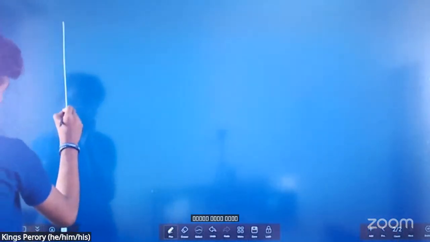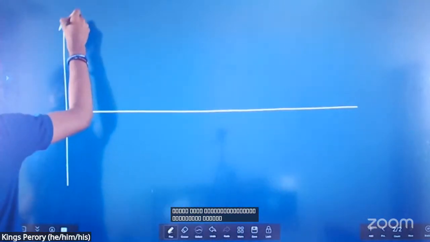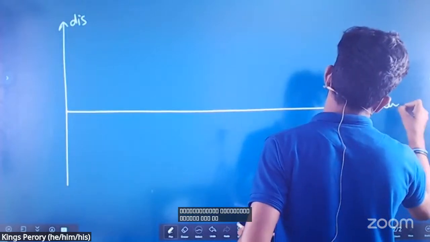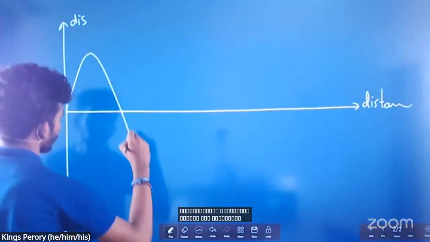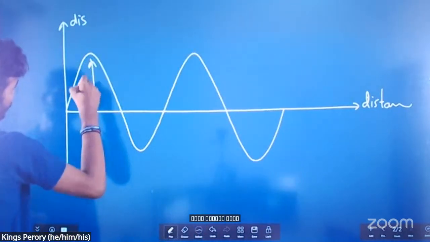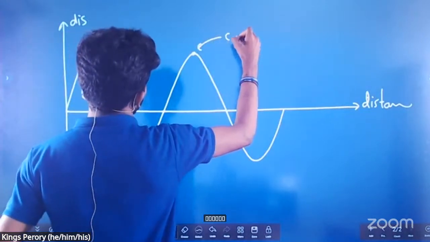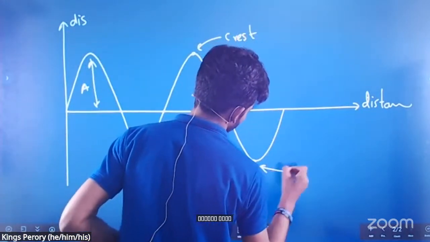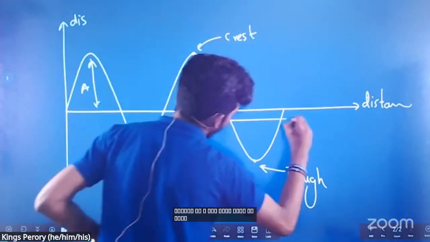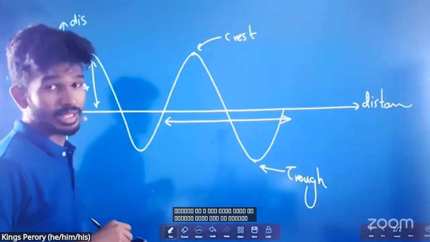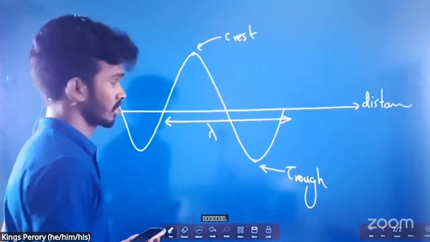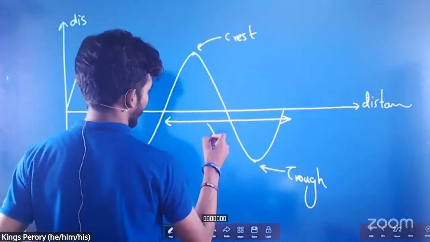In a displacement versus distance graph, the axis is distance. Same story: this is the amplitude, the crest, the trough. The length of one wave is the wavelength, symbolized as lambda, a Greek symbol.